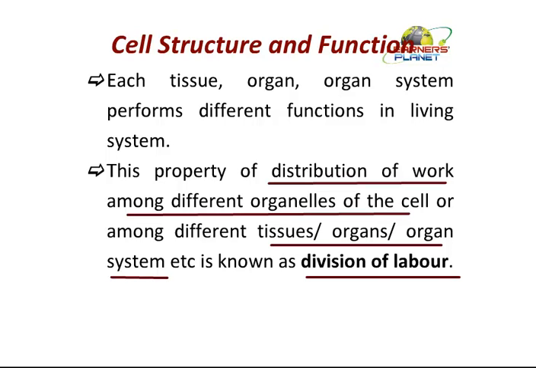A same cell cannot perform all the functions for the entire body. Hence this distribution is observed in the higher multicellular living systems. If you compare it with the unicellular system, in that case different compartments are present, like different organelles. For example, the mitochondria is the powerhouse of the cell.